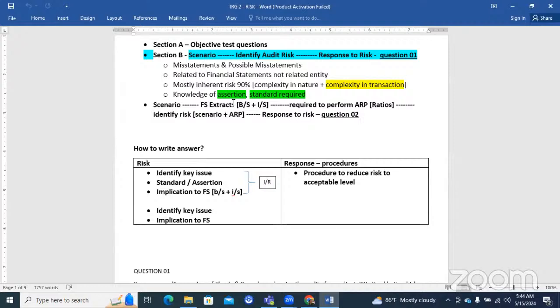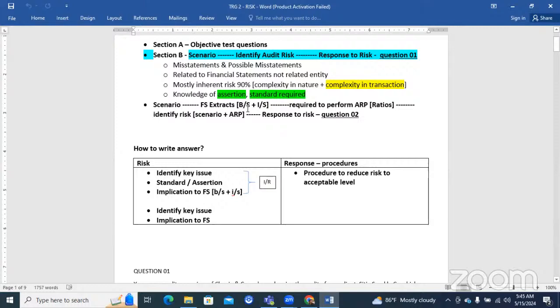So a scenario will be given. In the earlier question type, only a scenario was given: the discussion with the finance director, meeting minutes with the finance director, those kinds of discussions. Again, in section B, scenario plus a supporting extract will be given, a balance sheet or P&L.